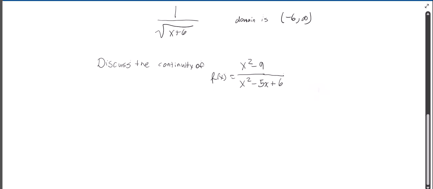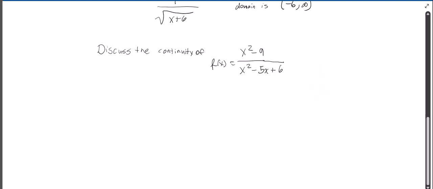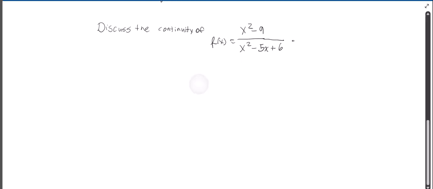Okay, so, and discuss the continuity. That's kind of very broad, but I'm going to give you all the details that you would need depending on what kind of question was actually asked.